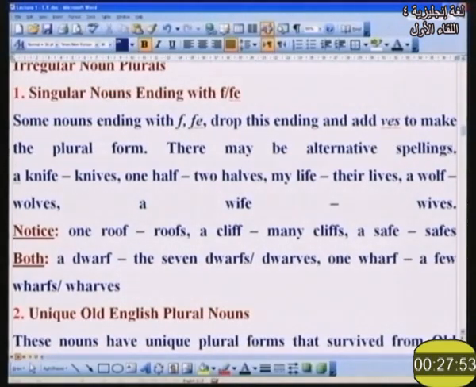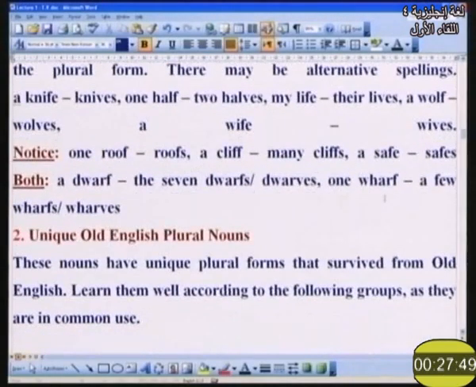They just add an S. Like roof, سقف, roofs. Cliff, يعني منحدر, many cliffs. A safe, safe here is not an adjective بمعنى آمن. Safe here is a noun معناها خزينة. A safe, safes.